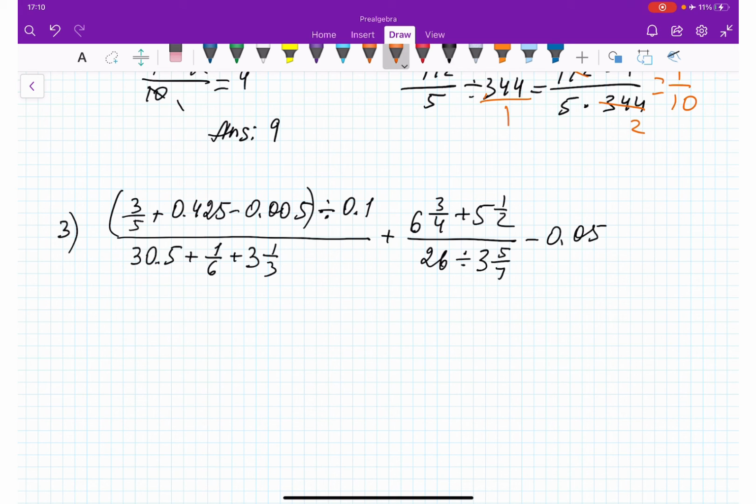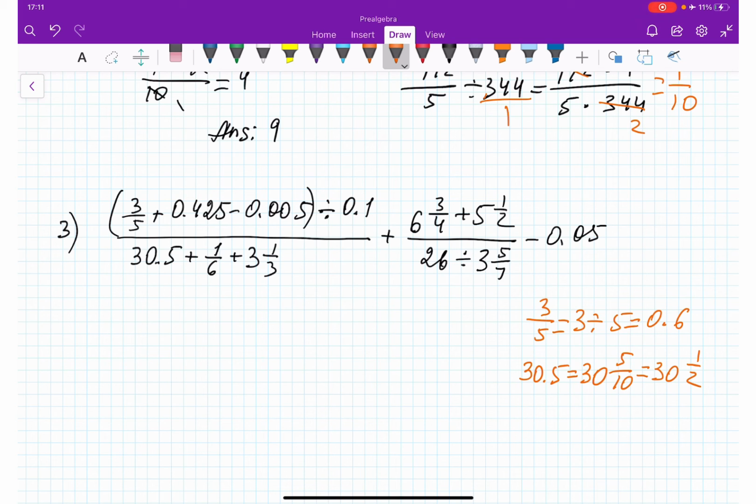So the change I'm doing here is 3/5 is going to be equal to 0.6. How I did? Let me show you for students who forgot. 3 divided by 5, and I'm getting 0.6. And that's pretty much it. And 30.5, that one also I'm going to convert into mixed fraction. 30.5 is equal to 30 and 5 over 10, which is going to be equal to 30 and 1/2.